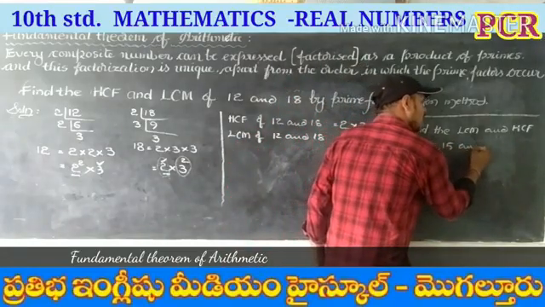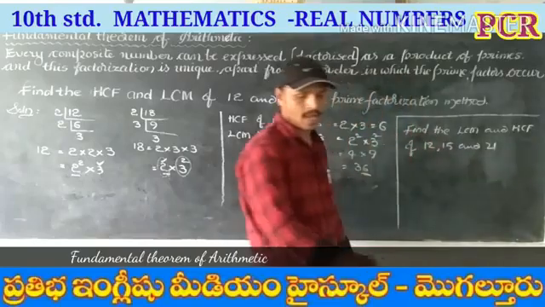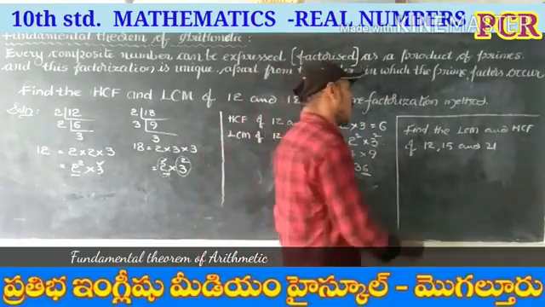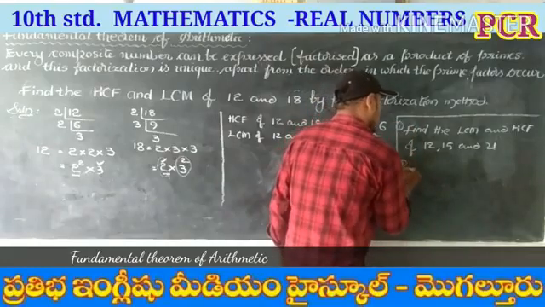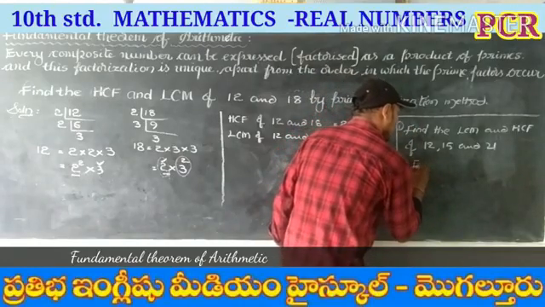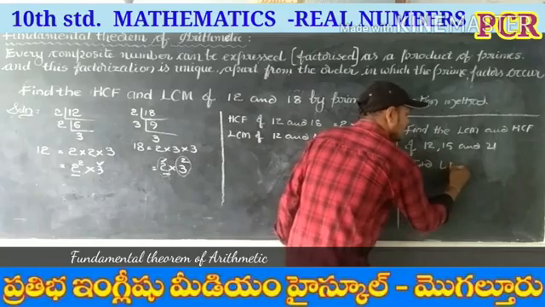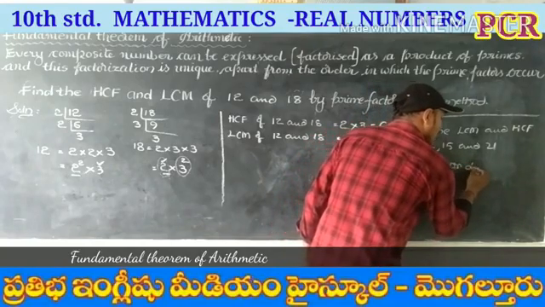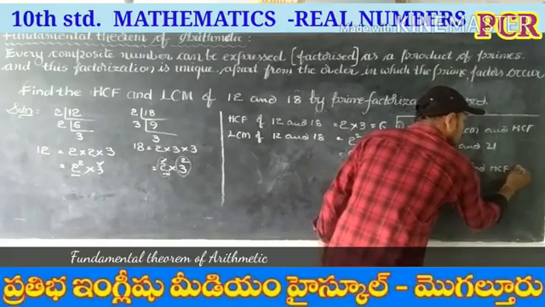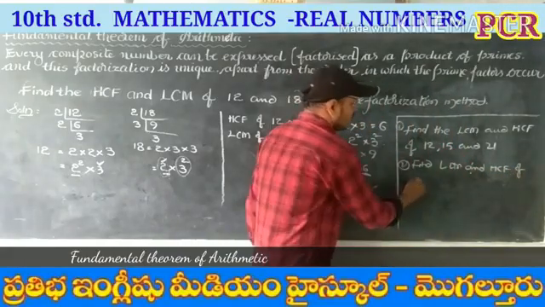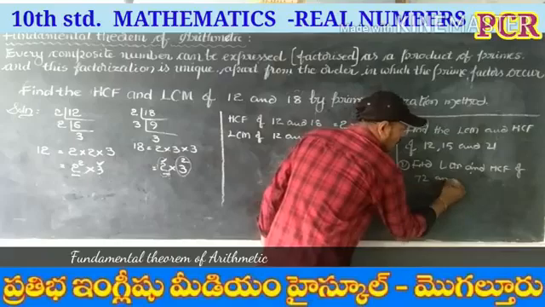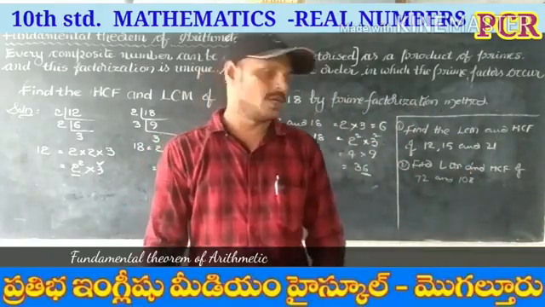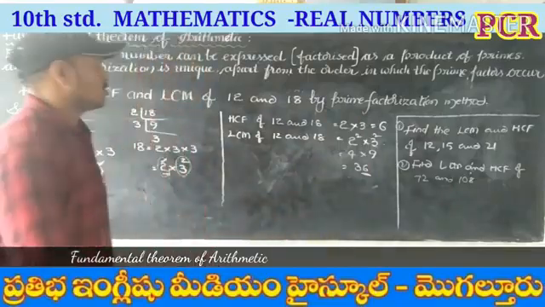And again, 72 and 108. Find the LCM and HCF of 72 and 108 by using the prime factorization method. You can try these two problems.